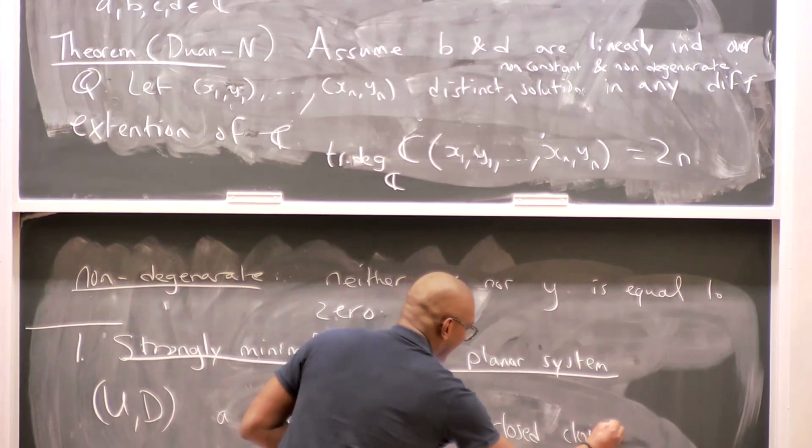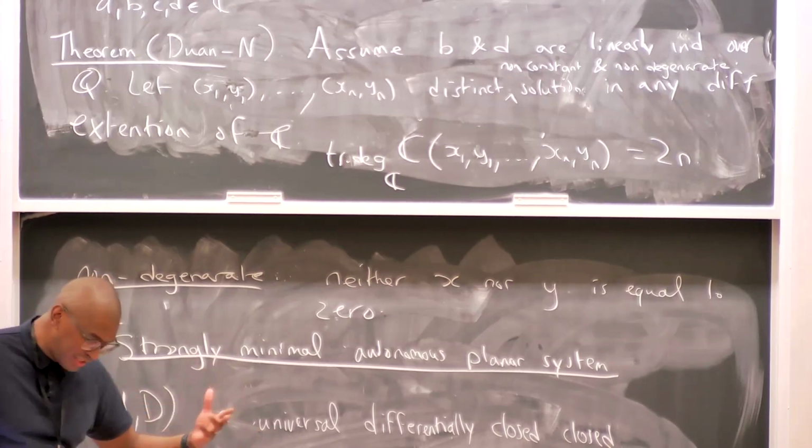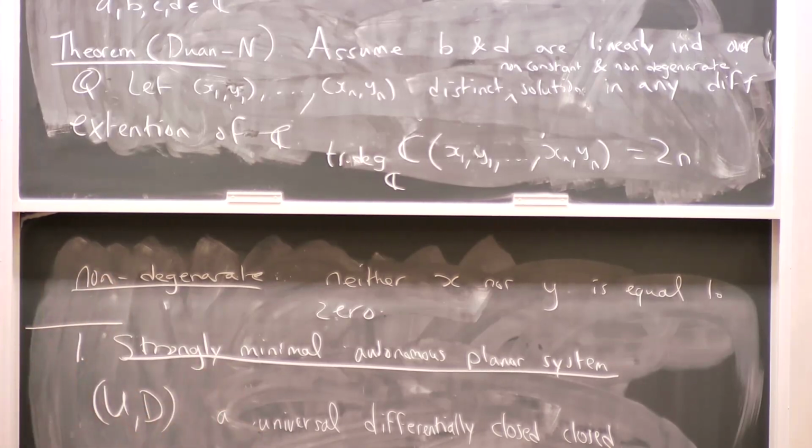So any finite system of differential polynomials with coefficients in U, if it has a solution in some extension, already has a solution in U. Universal here is in the sense of Kolchin, a universal domain for me to work in. So when I talk about a solution, I'm always picking a solution in U. When I'm talking about a field extension, I'm always talking about a field extension within U, all right?